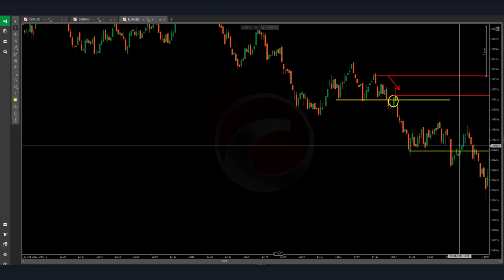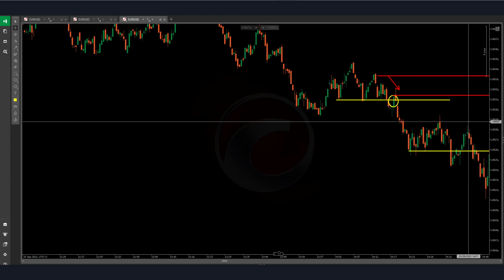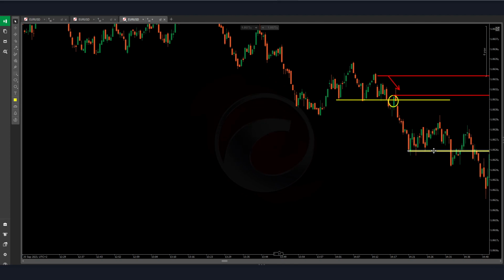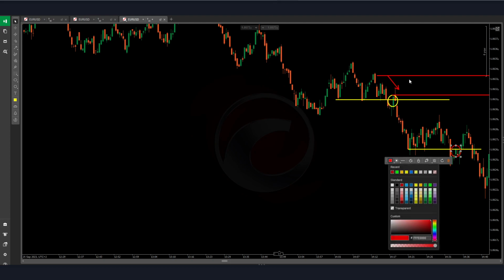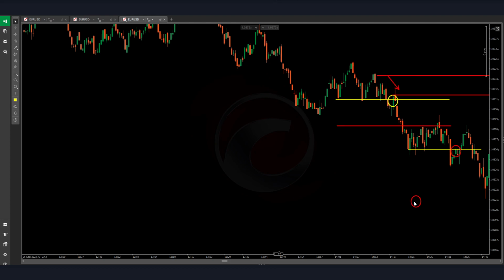So for example, an entry over here, this one would have been taken out if we were just to, let's just say that we wanted to take re-entries. So it would have been stopped out over here, with this one already in profit and at break even.